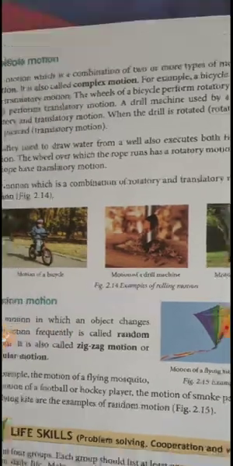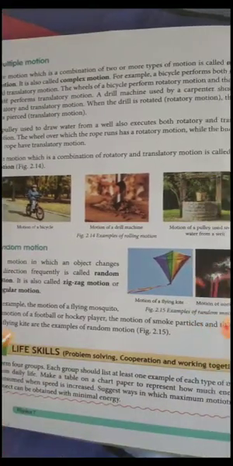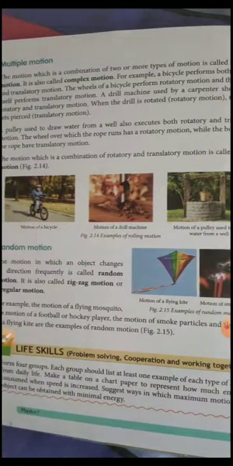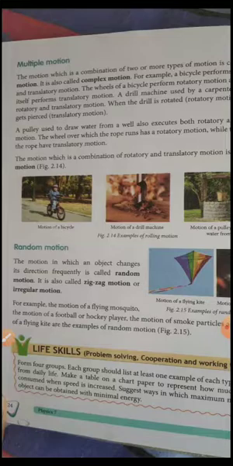Therefore it is rotatory as well as translatory. A drill machine used by the carpenter shows rotatory as well as translatory. Yes or no? They're rotating and always they are going in a straight path. So anything which has two or three motions combined together is called as your multiple motion.